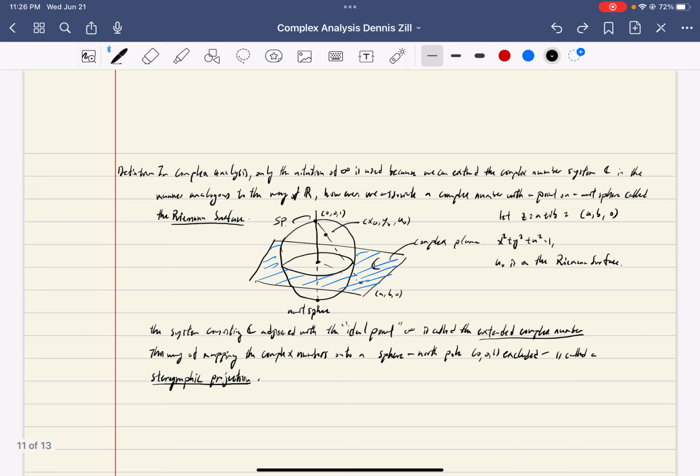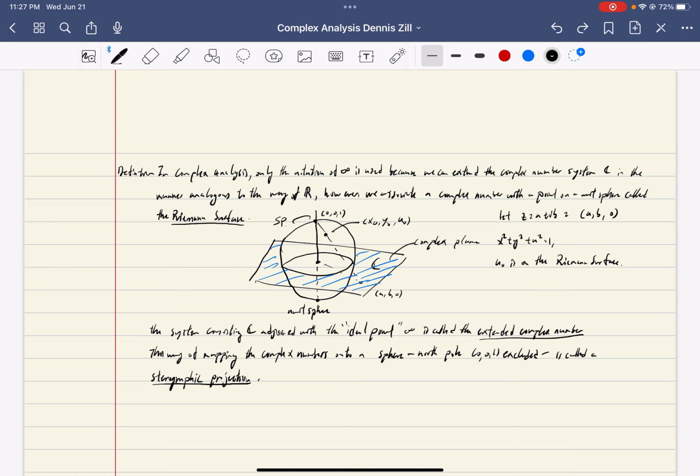And now let's move on to the last definition, really. Definition. In complex analysis, only the notation of infinity is used because we can extend the complex system C in a manner analogous to the way of R, right?